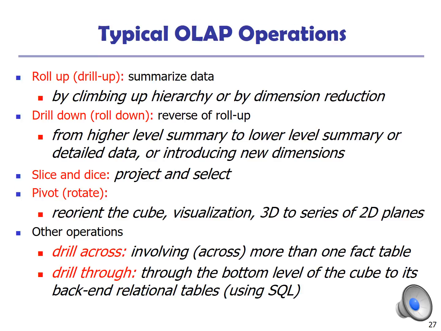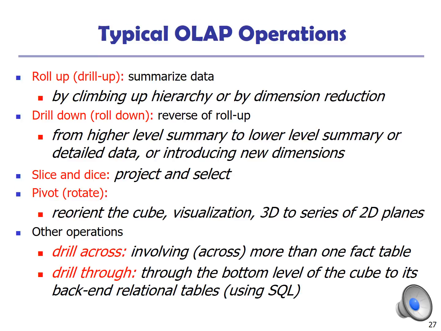By reducing the dimension, right? We look at an example of this in the next slide. Then we have a drill down, right, which is the reverse of roll up. So you take a higher level summary and split it further into greater detailed data, and you introduce newer dimensions, right? So that is your drill down.